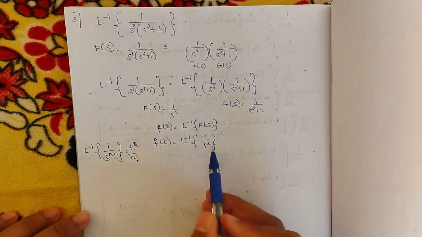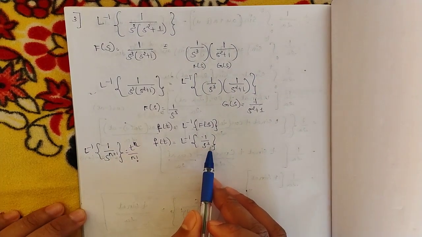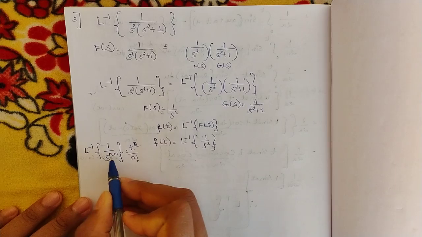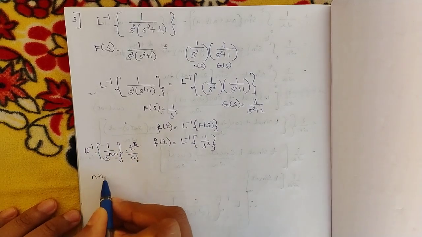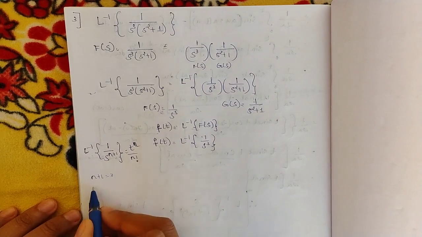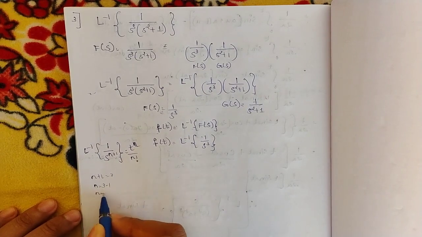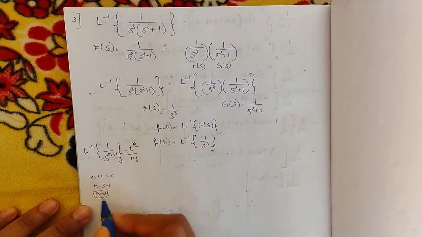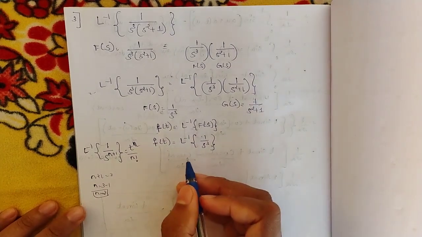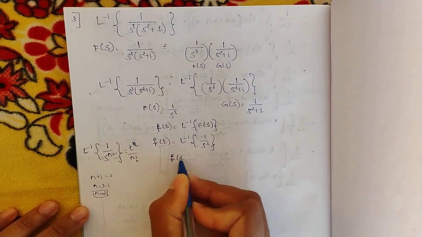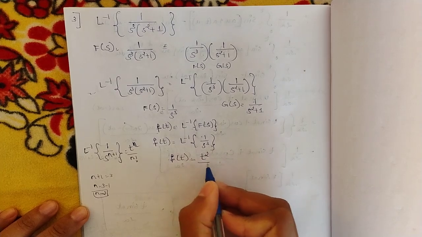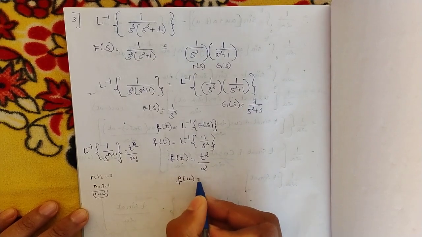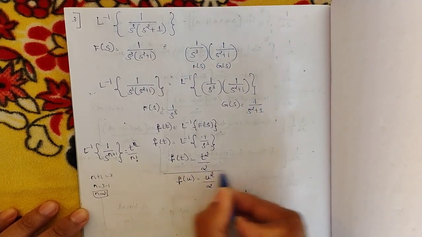Here in place of n plus 1 we have 3. Equating the degrees, n plus 1 is equal to 3, so n is equal to 3 minus 1, that is n equal to 2. So we could write this as 2 plus 1. The value of n is 2, so F of t is equal to t square by 2 factorial, that is 2 itself. So our value of F of u is u square by 2.